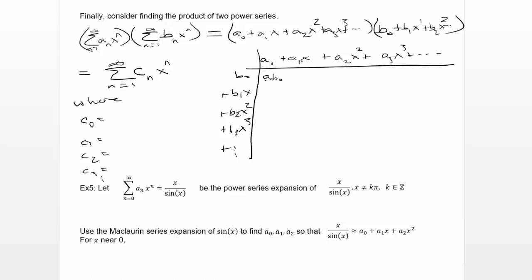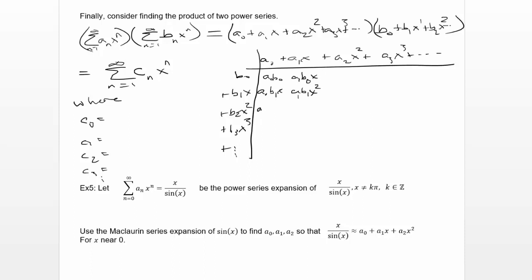The term below is a0 times b1x, or a0 b1x. Over here should be b0 a1x. In this space, I'll have b1x times a1x, which is a1 b1 times x squared. And I keep filling in this table.